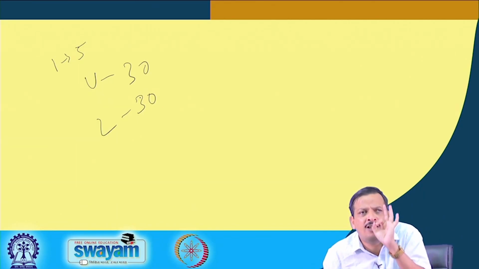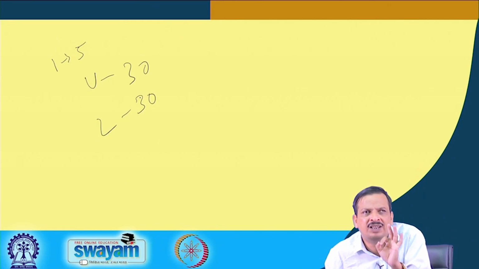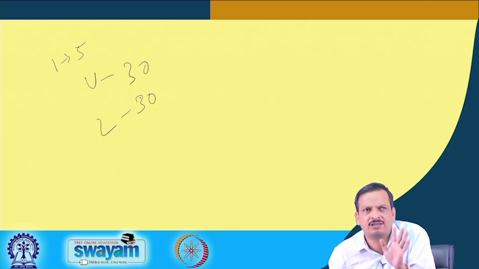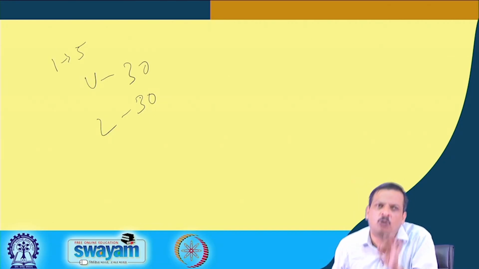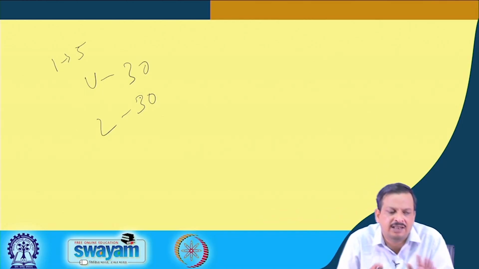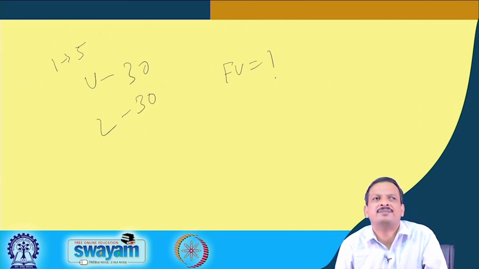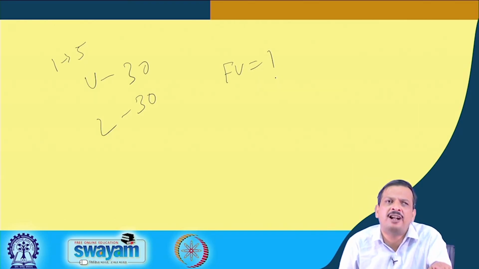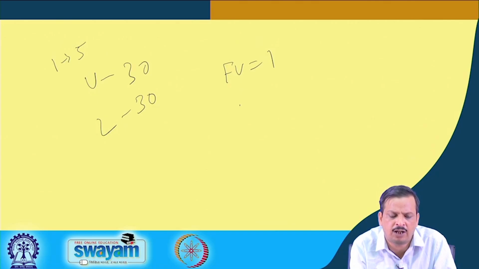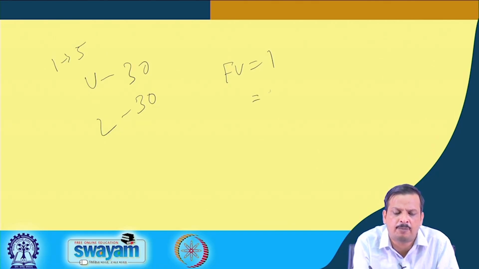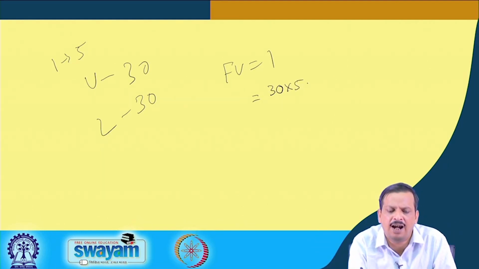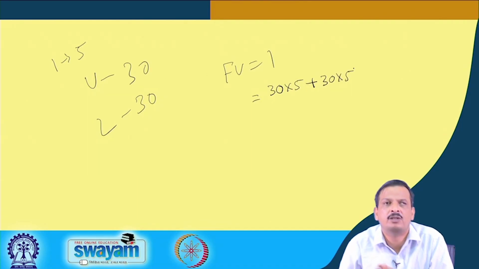If all students in the upper group get full marks, and all students in the lower group get full marks, then only FB is equal to 1. So, what are the marks obtained by the upper group? 30 into 5, full marks. Marks obtained by the lower group, 30 into 5, full marks.